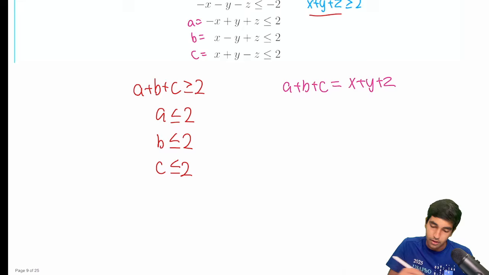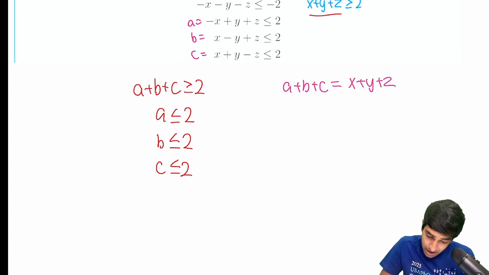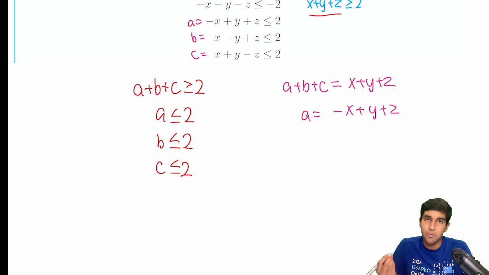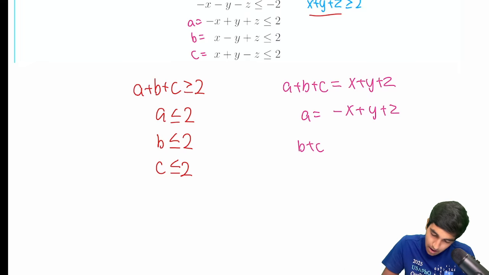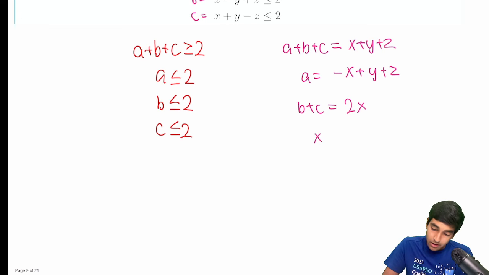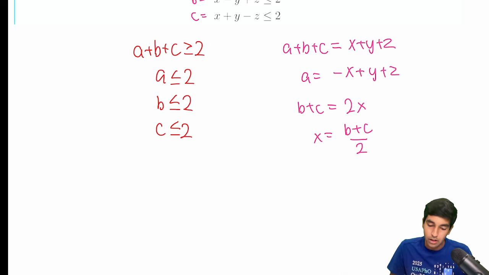We know that from earlier. And we have A itself as minus x plus y plus z. So let's just subtract these equations. We get B plus C equals 2x. So x equals B plus C over 2.